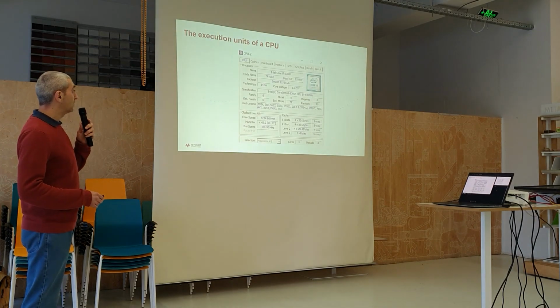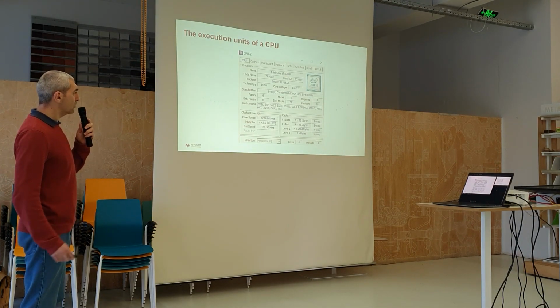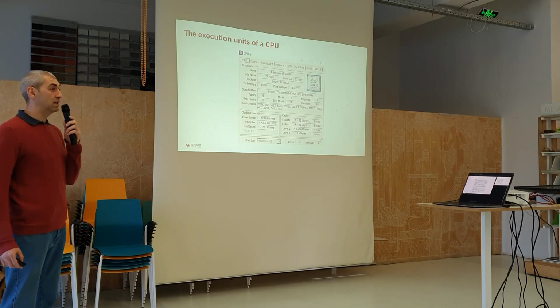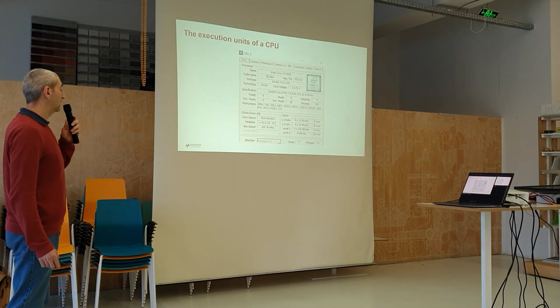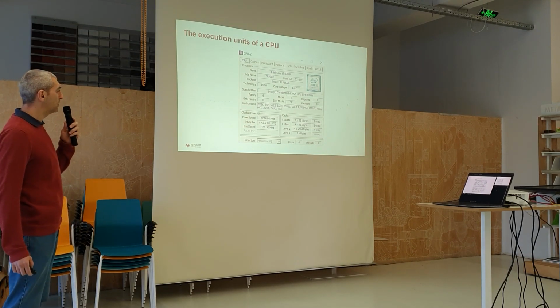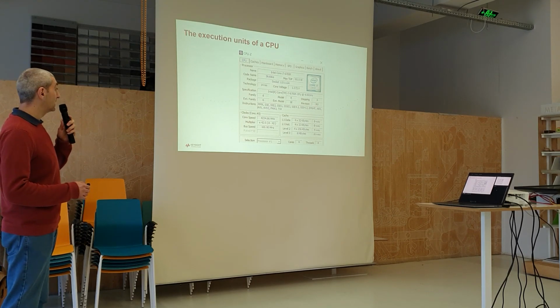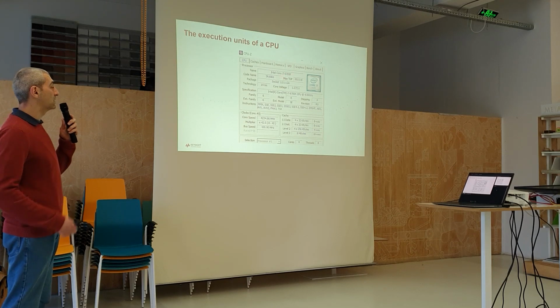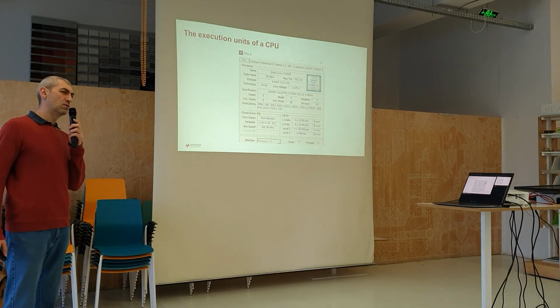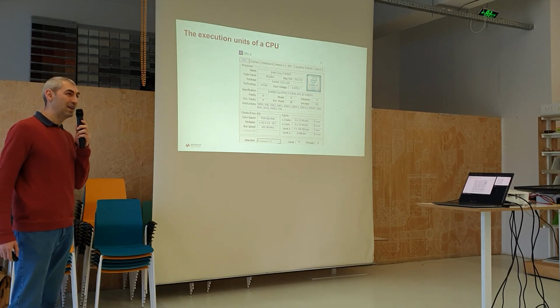So let's have a look at this picture here. You probably are familiar with CPU-Z, the tool which shows nice information about the CPU. Here is a sixth generation Intel i7, so it might be from 2013, who knows? 2016, thank you.